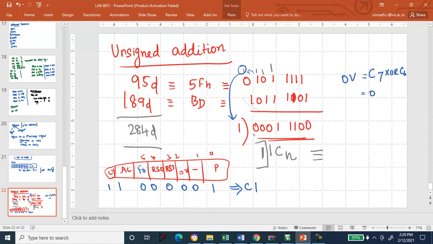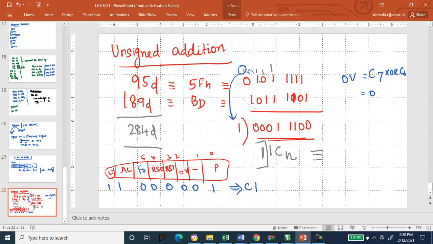I repeat, you take the carry out from bit 7 to 8 and the carry out from bit 6 to 7, C7 and C6, and you XOR them. If the XOR value is 0, your overflow flag is 0. Now you have a carry from C7 to C8 as well as from C6 to C7.